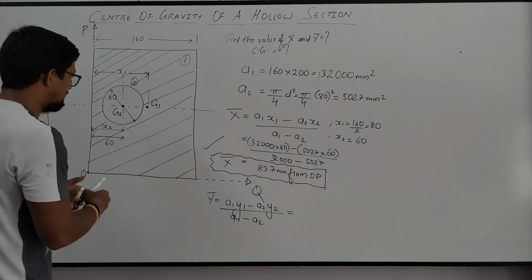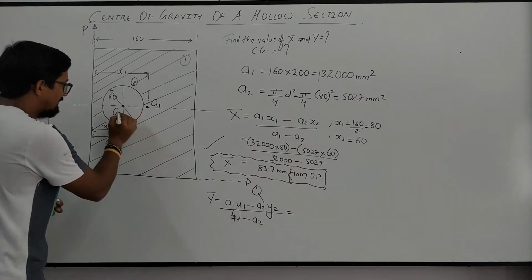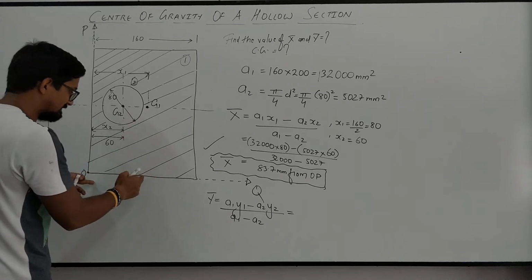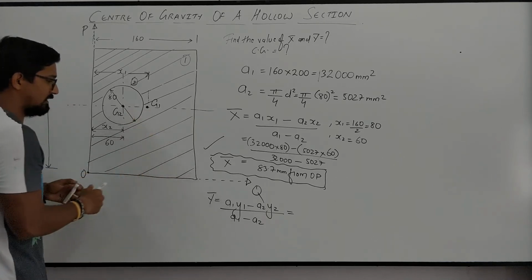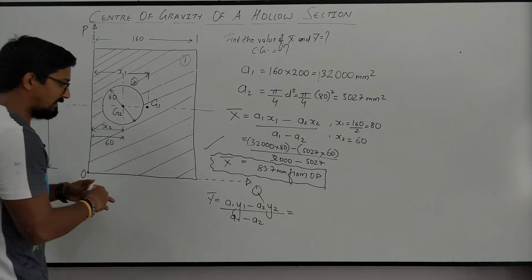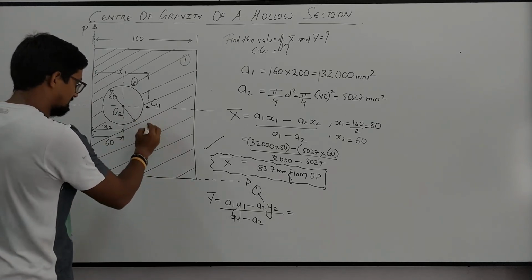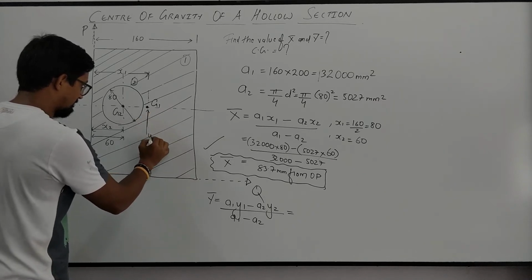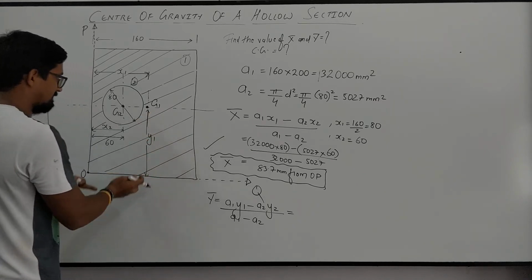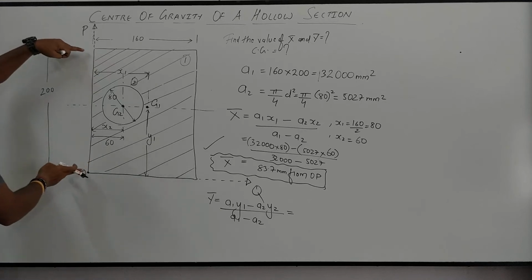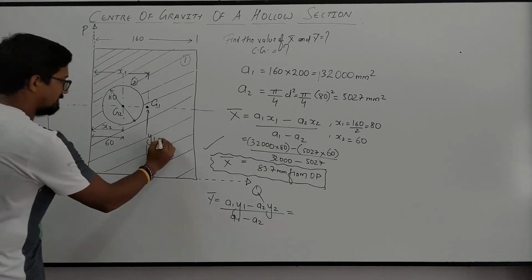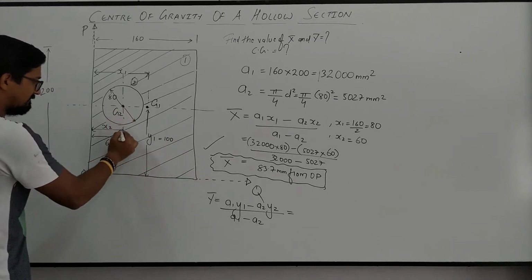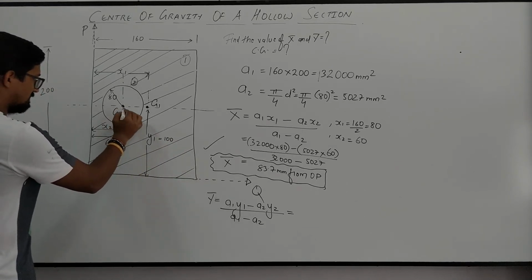We can see that this is the first CG G1 and this is the second CG G2. Both the distances from OQ are equal. So y1, which is this distance, will be 200 divided by 2, 100 mm, and y2 is again the same. See, this is y2.